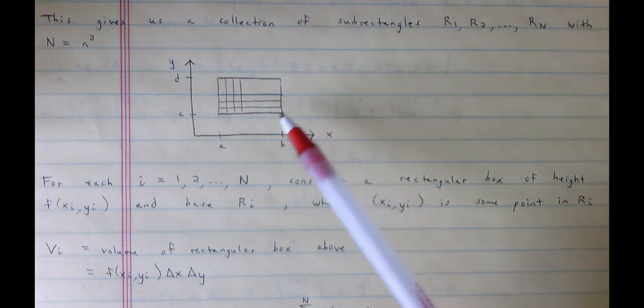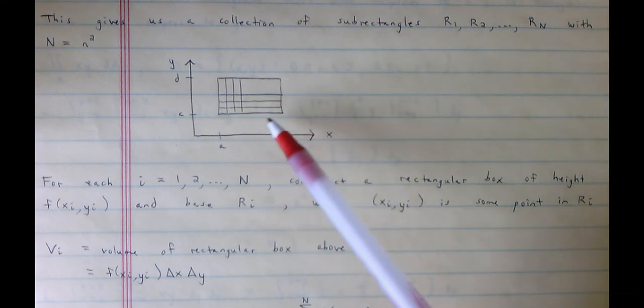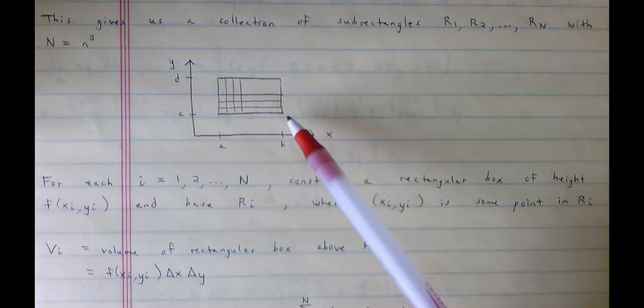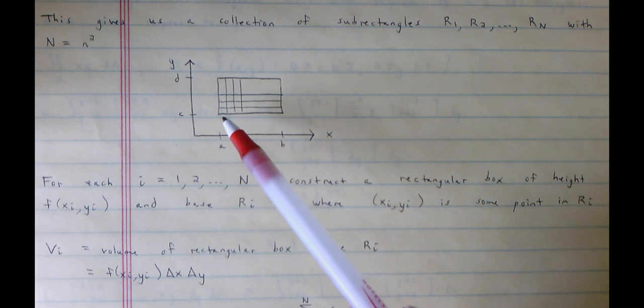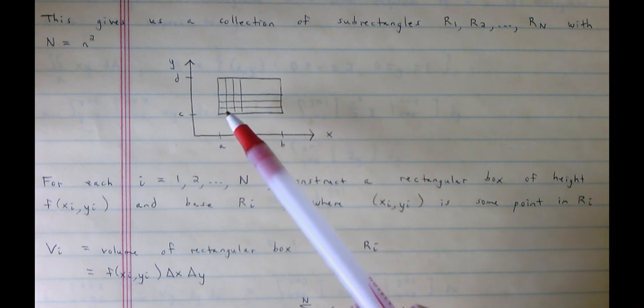So I've got the rectangular region R redrawn here in the xy plane, and you can see from our partition that we get these n squared subrectangles.